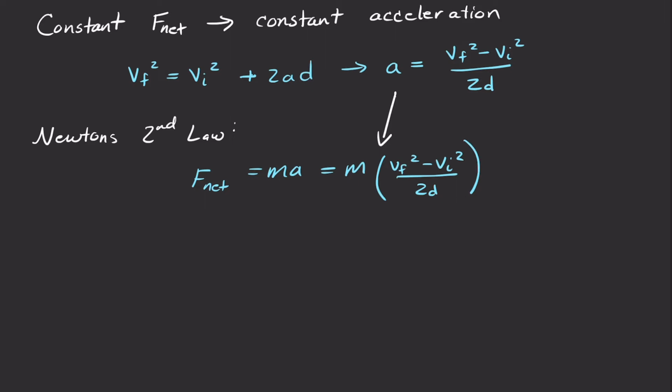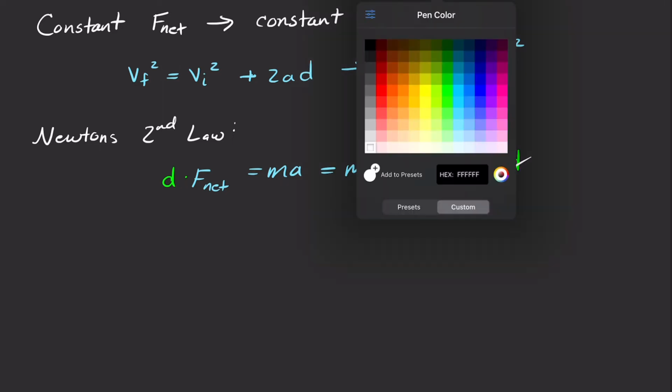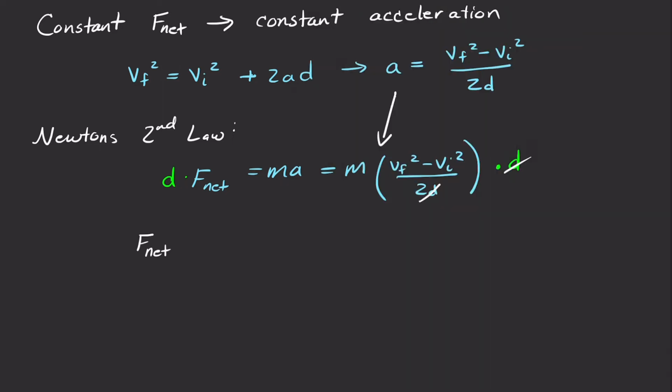Okay, so if we take this and we multiply by the displacement on both sides, it's going to cancel on this side, and what we're left with is F net times the displacement is equal to, I'm going to separate these terms, 1/2 m vf squared minus 1/2 m vi squared.